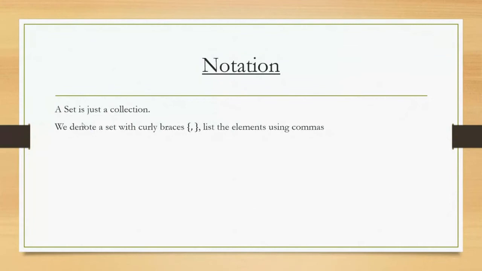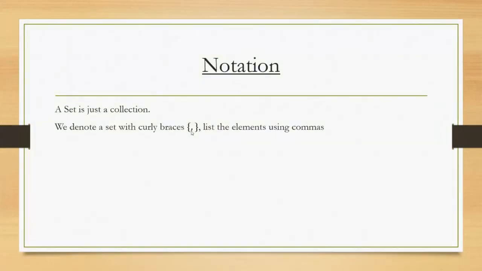There are a lot of different ways to denote a set. For us, it's mostly going to be the curly braces, and you separate the elements by commas, and you'll see some examples shortly. And let me just say this, that you don't list an element in a set more than once. There's no repetition, in other words, in a set.